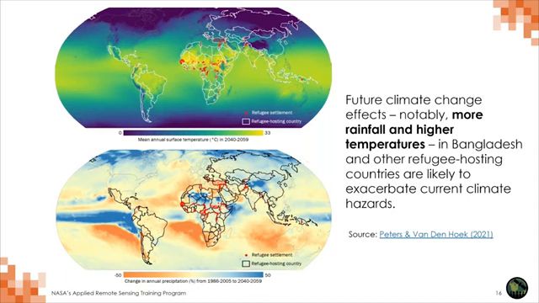So we have this increased likelihood of even more climate hazard exposure as climate change advances, as we can see here with these maps on the top register of mean annual surface temperature increases by about mid-century, and a change in annual precipitation by about mid-century. In both cases, we see this global distribution, but these changes are going to play out differently in different contexts, and of course, compound existing hazards and risks.